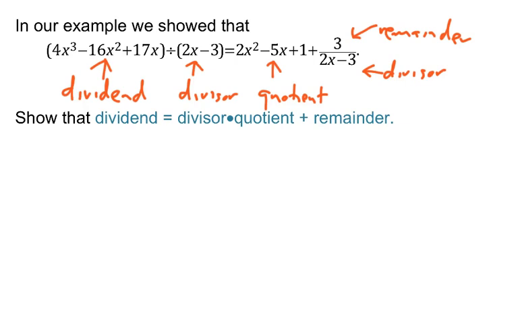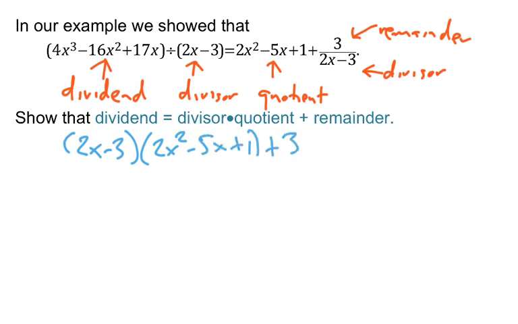So let me show you how that would work. We want to start with the divisor, that's the 2x minus 3, multiply it by the quotient, that's the 2x squared minus 5x plus 1, add the remainder, divisor times quotient plus remainder, and if we have done everything correctly, that will equal the dividend.